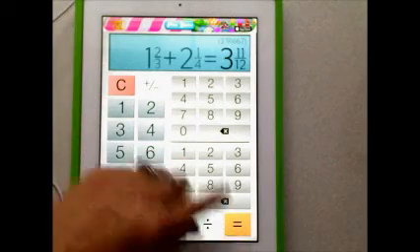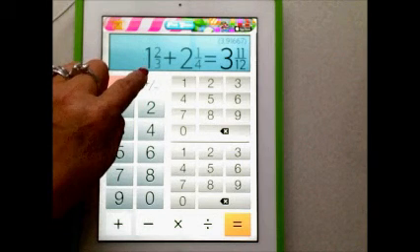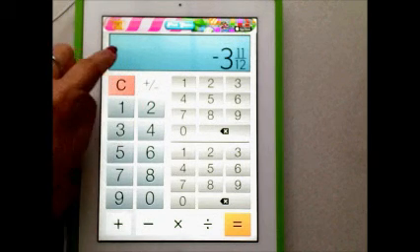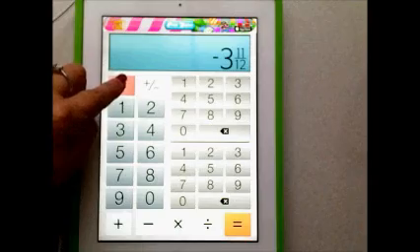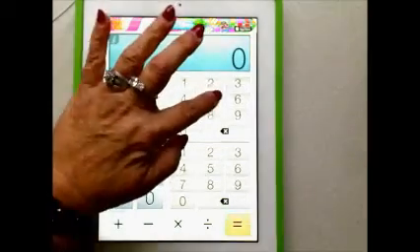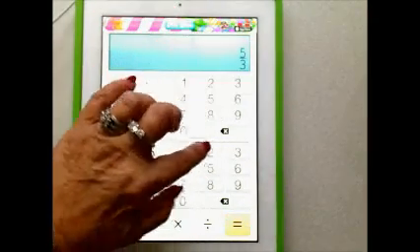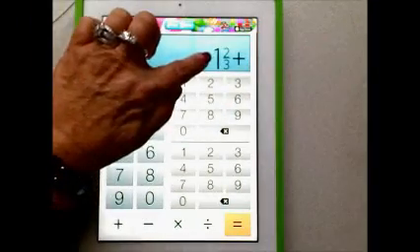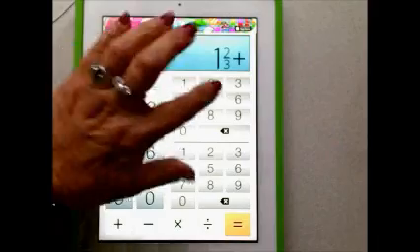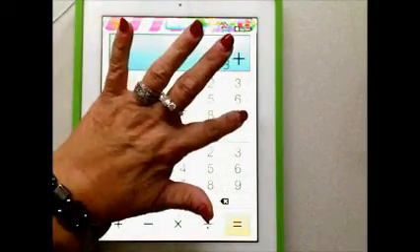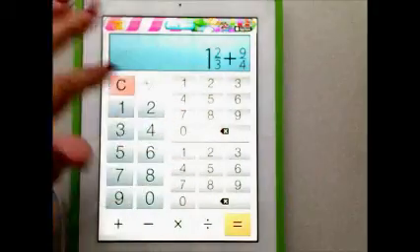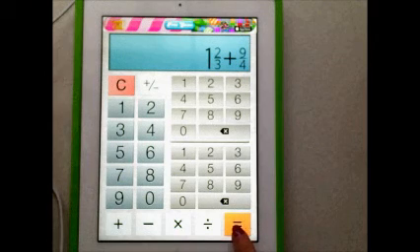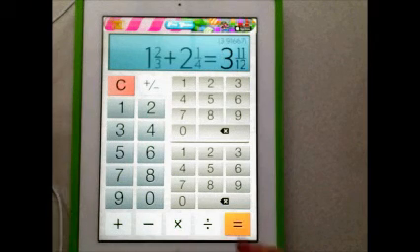Now watch what happened. See, 5/3 changed to 1 2/3, plus 9/4. And when I hit the equals button, 9/4 converts to a mixed number, and it's 2 1/4.